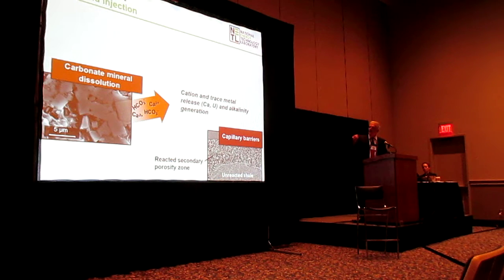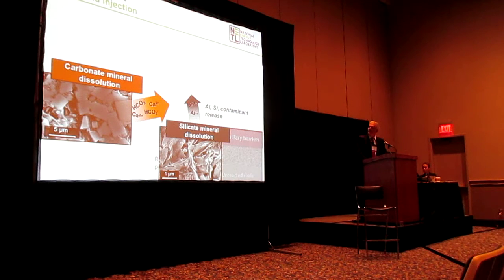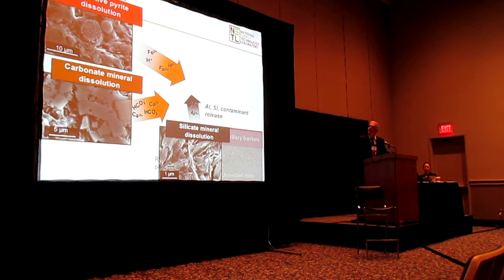There's also a negative side to this: capillary barriers are formed from the water added to the rock matrix. We also get silicate mineral dissolution, so aluminum, silicate, and trace heavy metals are coming out. We also have oxidation of pyrite, which is probably happening later in the process than the other two.